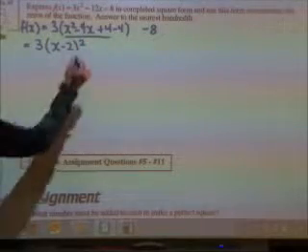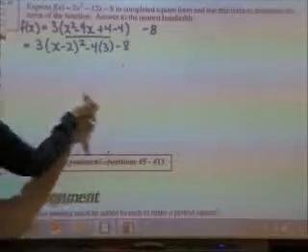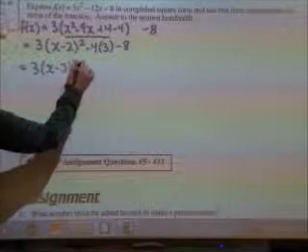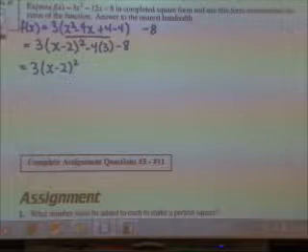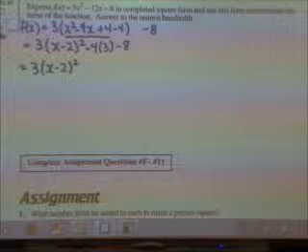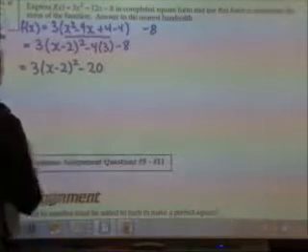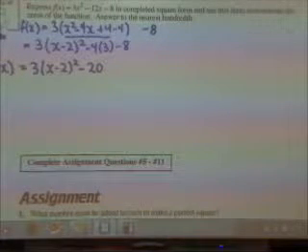And then I remove the negative 4, but I remember to multiply it by 3. Negative 4 times 3. Negative 12, and negative 12 minus 8. So that's f of x in completed square form.